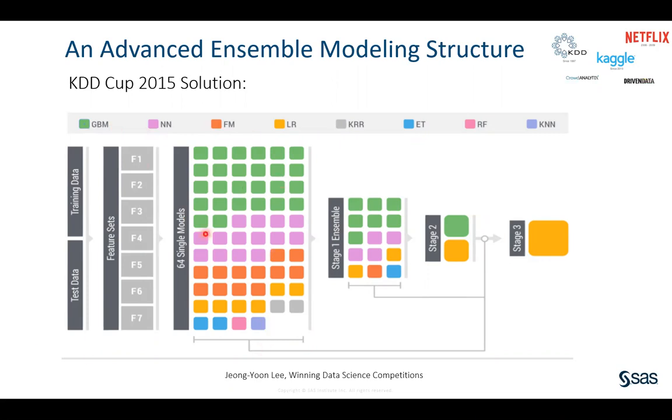These are single models. And this is the stage where ensemble modeling is performed. Predictions from these 64 models are used as inputs, and they're combined in various ways to generate those 15 models here.